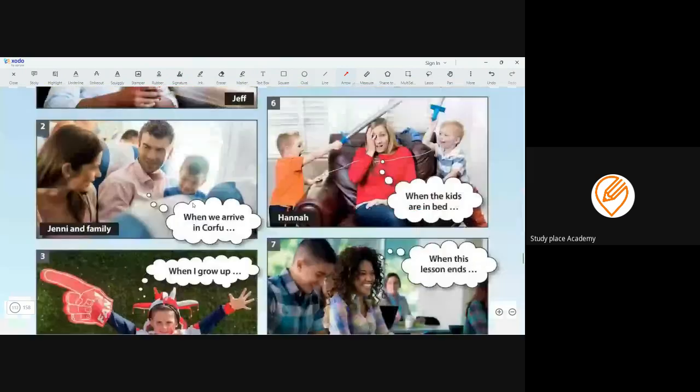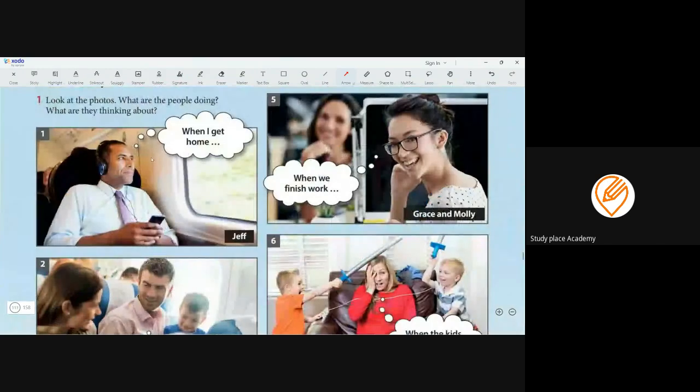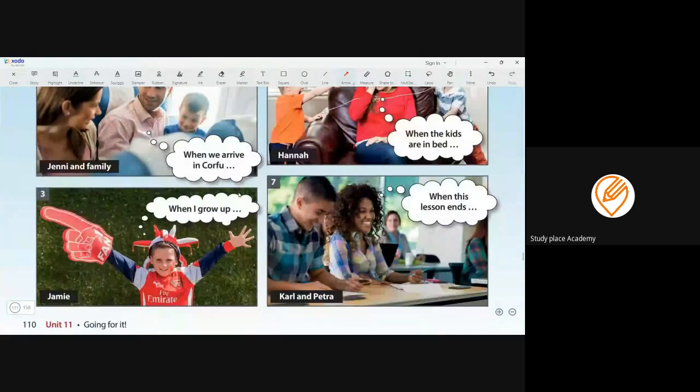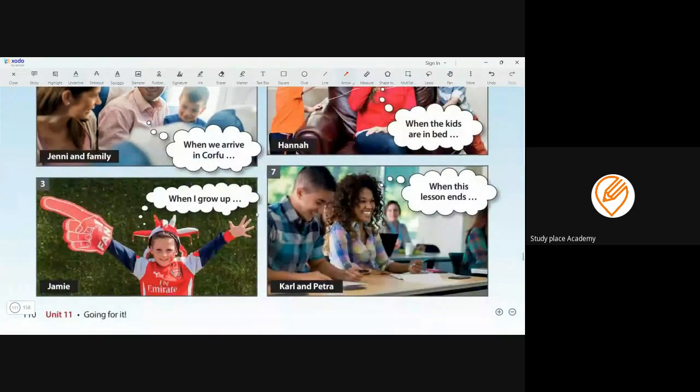When I get home, so he's going to his home. He is going to what? We are going to know from exercise number 2. When we arrive in Tokyo, and family are going to figure it out. When James is going to be, I don't know, maybe a Superman, or I think he's going to be a footballer.